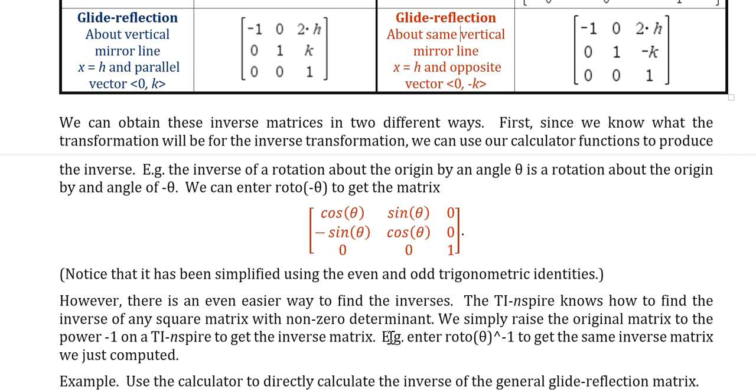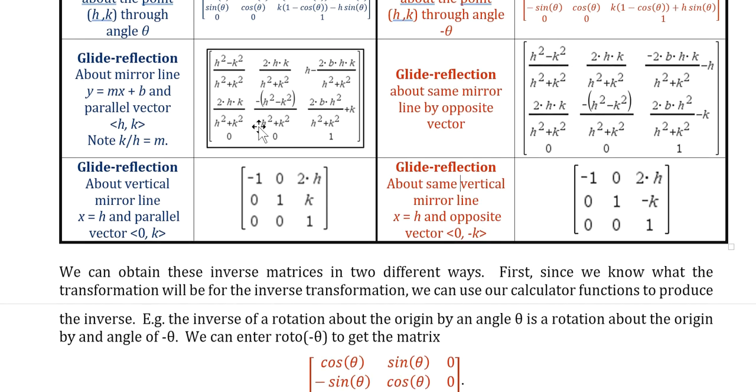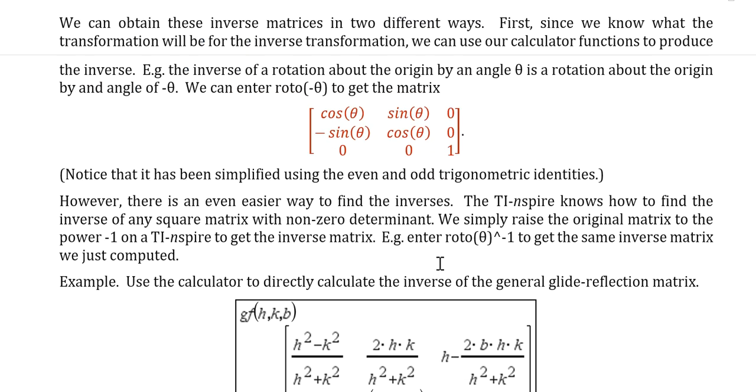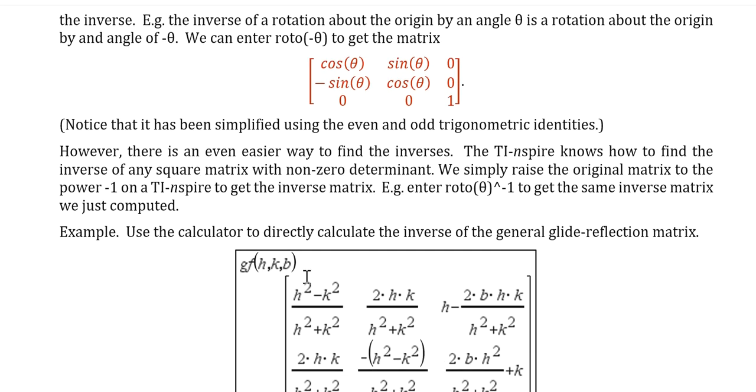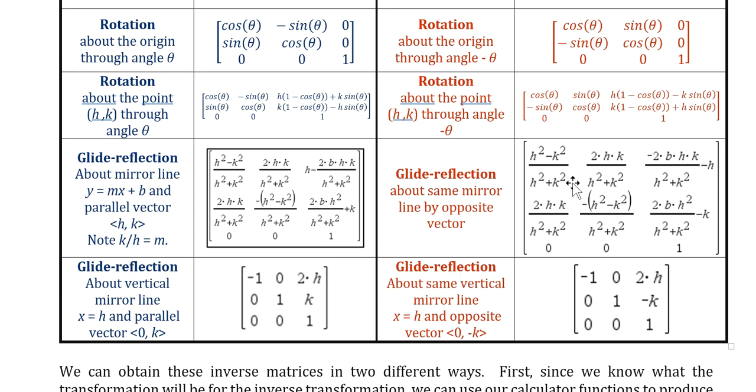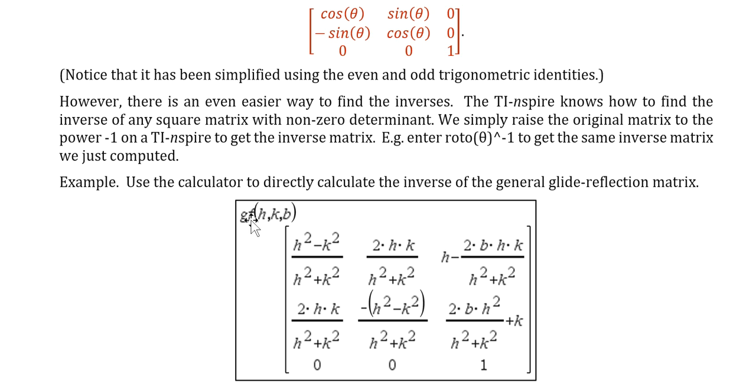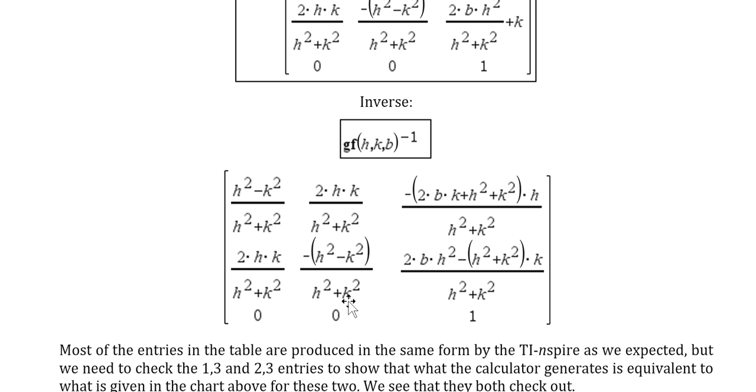And since we have shorthands for entering these matrices without typing all this stuff again, we already programmed it in, we can do ROTO of theta to the power -1, and you're going to get this same matrix here again. So for example, to get this glide reflection directly, we can do GF of HKB, raised to the -1 power, which will be the inverse matrix, and it gives us this.